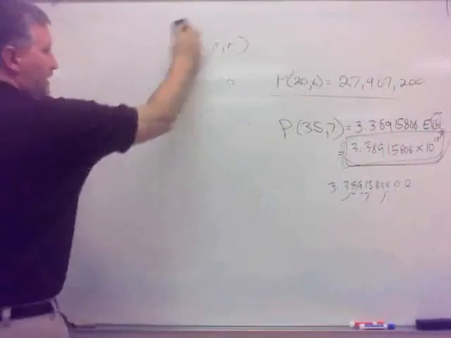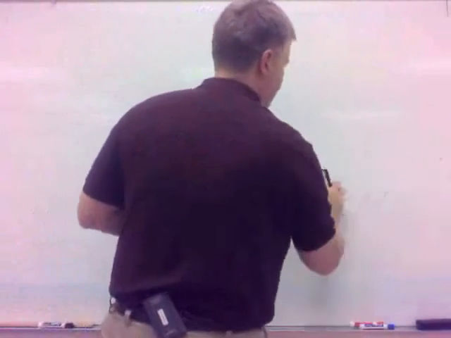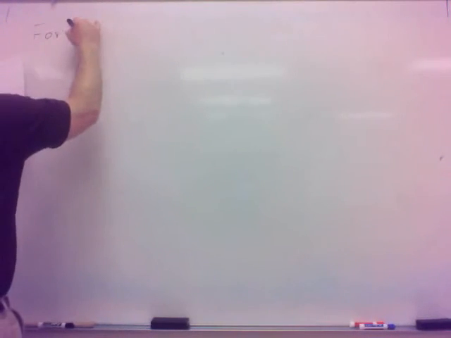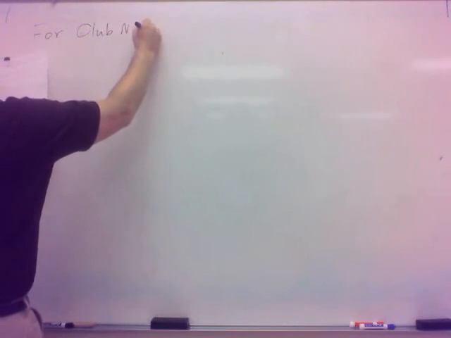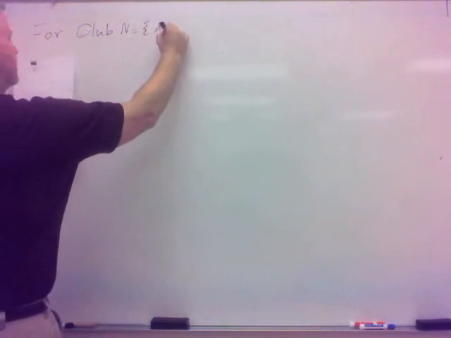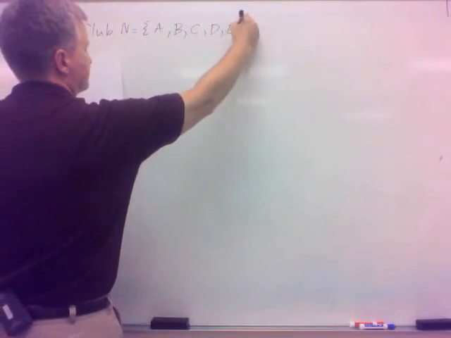All right, now, why is there so few of those? Let's talk about a specific problem here. Let's say we go to a club N, and we'll say N is Andy, Bill, I'm going to write their names, Kathy, David, and Evelyn.